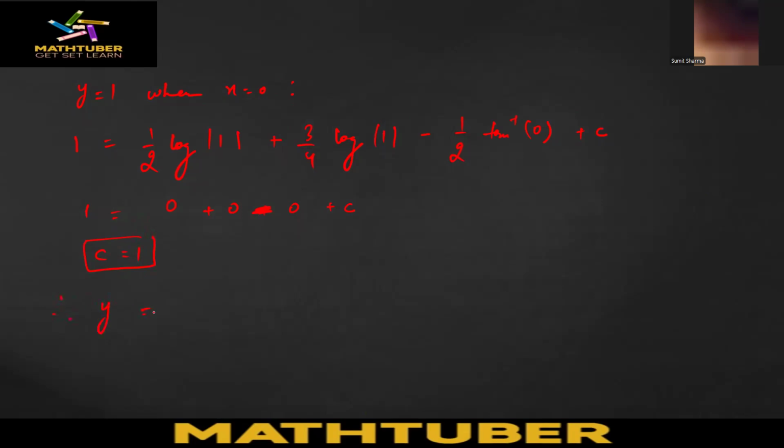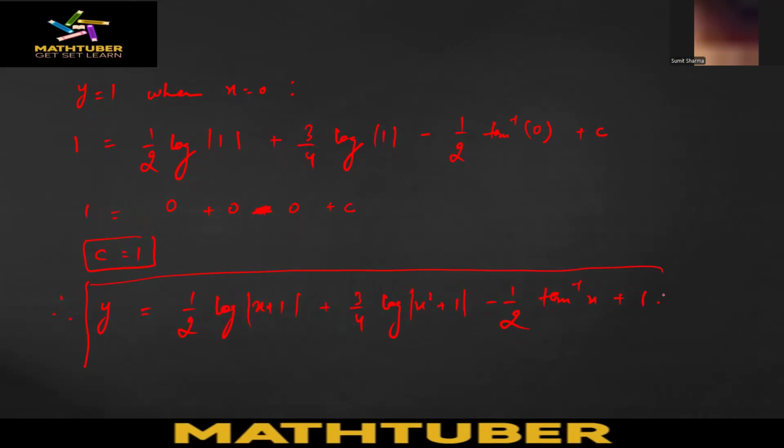Therefore, the equation will be given by half of log x plus 1. We will substitute the value of C in the equation only that we got. 3 by 4 log of x square plus 1 minus half tan inverse x plus 1. And this will be the final equation.